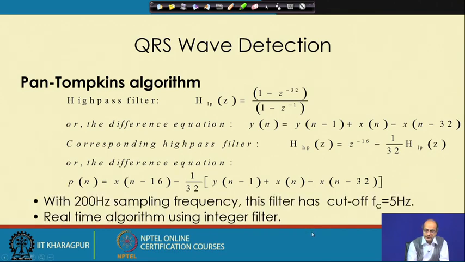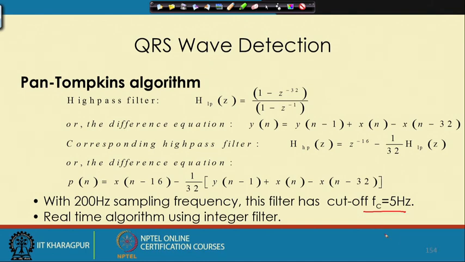Okay. And if we look at the cutoff frequency, the low cutoff is 5 Hertz. So, now the signal is actually restricted in between 5 Hertz to 11 Hertz, only that part of the signal is preserved.